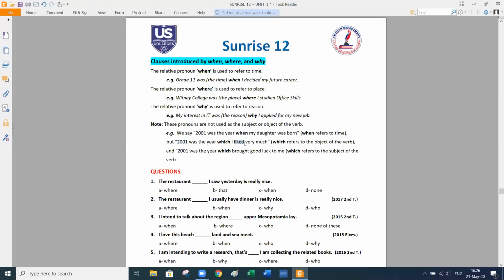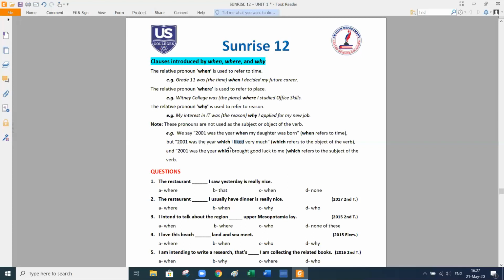Okay? I is the subject and 2001 is the direct object. The sentence would be something like this: I liked the year 2001 very much. As you see, 2001 would come immediately after the verb like. It means it's the direct object.